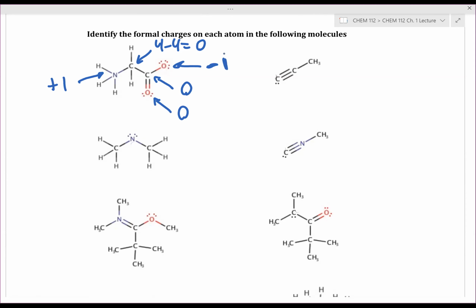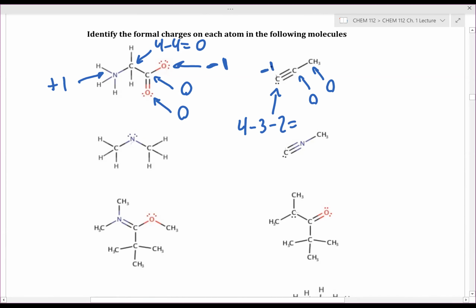Okay, I'll do one more example just to help us along. So both of these carbons, which have 4 bonds and 0 lone pairs, have a formal charge of 0. This carbon here with 3 bonds and 1 lone pair, performing our calculation, we have our group number of 4 minus 3 bonds and 2 lone pair electrons, gives us a formal charge of -1.